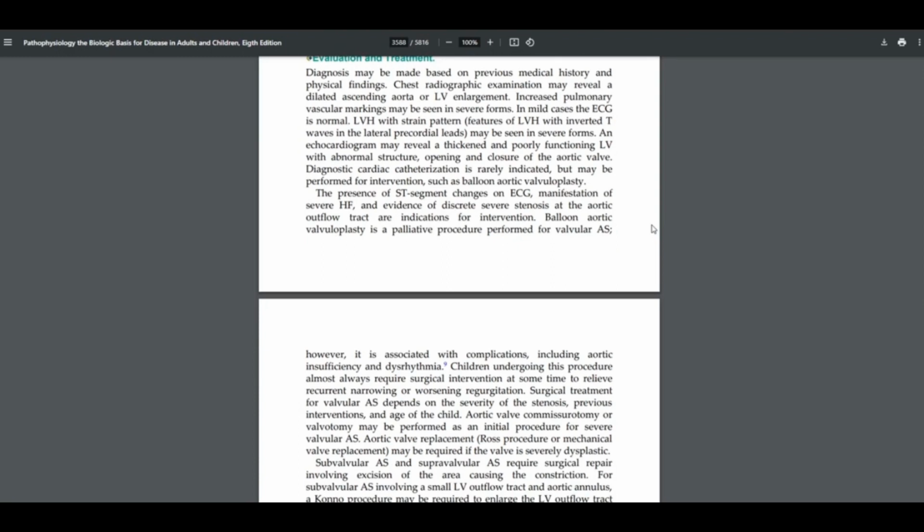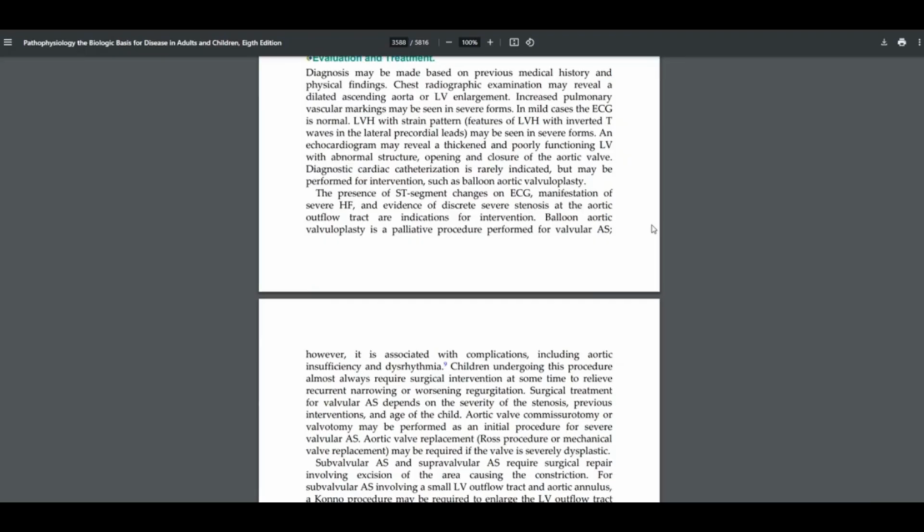Diagnosis may be made based on previous medical history and physical findings. Chest radiographic examination may reveal a dilated ascending aorta or left ventricular enlargement. Increased pulmonary vascular markings may be seen in severe forms. In mild cases, the EKG is normal.